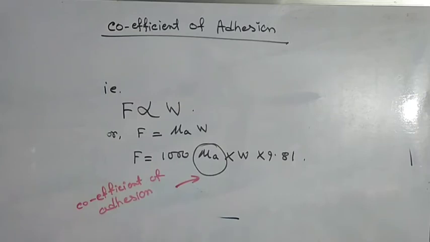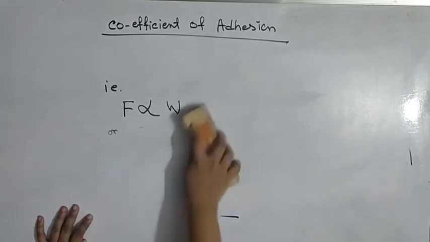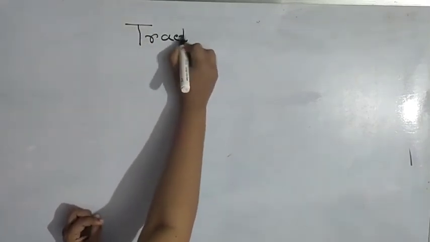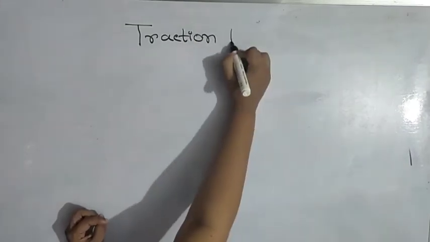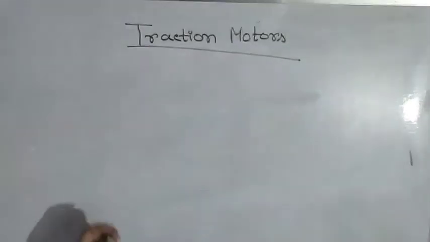Next is traction motors. Now, the motor for electric traction has to operate under conditions which are more arduous than those in most industrial applications, and a special type of motor is known as the traction motor.